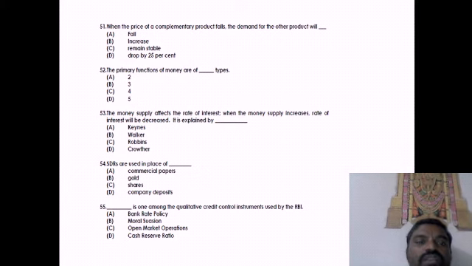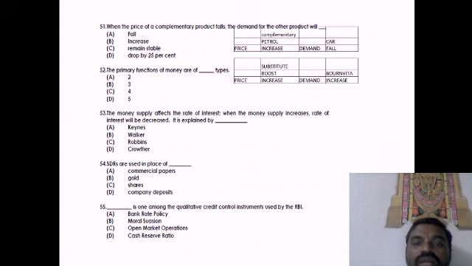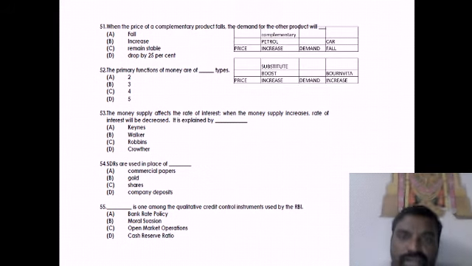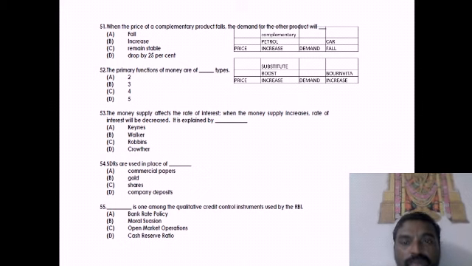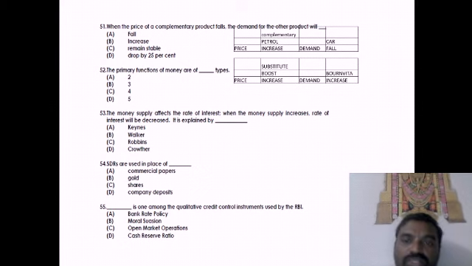Next, when the price of a complementary product falls, the demand for the other product will be. See here in this table, the complementary goods are petrol and car, meaning one depends upon the other. When the price of petrol increases, demand for cars will fall down. Okay, that is the complementary.